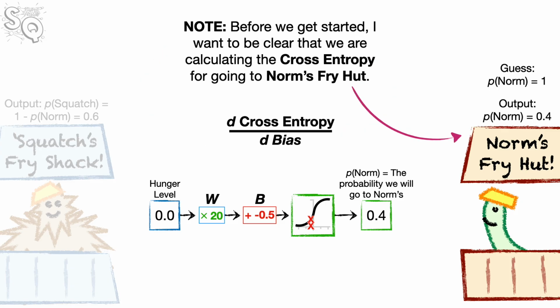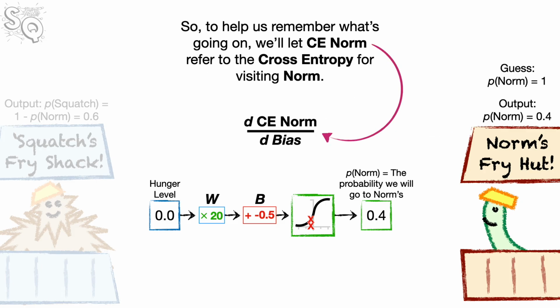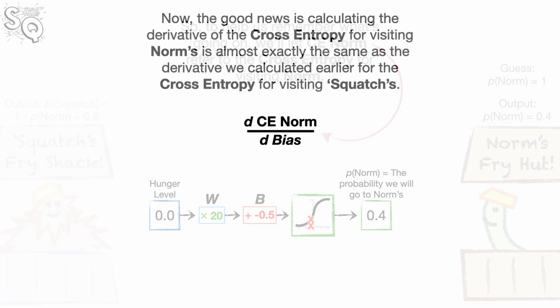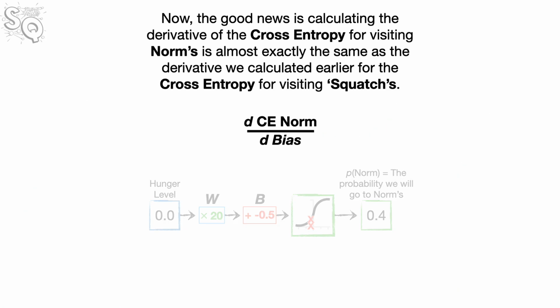Note, before we get started, I want to be clear that we are calculating the cross-entropy for going to Norm's Fry Hut. So, to help us remember what's going on, we'll let CE norm refer to the cross-entropy for visiting Norm's. Now, the good news is calculating the derivative of the cross-entropy for visiting Norm's is almost exactly the same as the derivative we calculated earlier for the cross-entropy for visiting Squatch's.